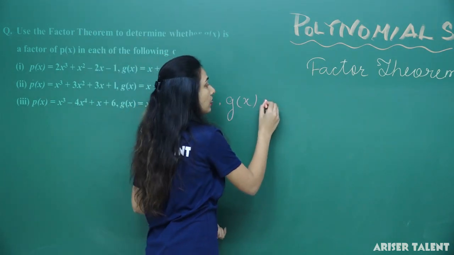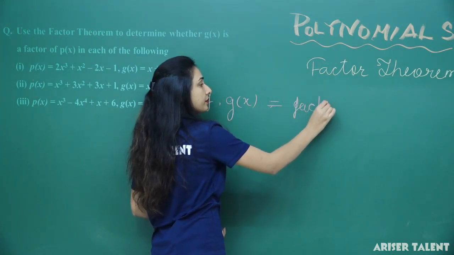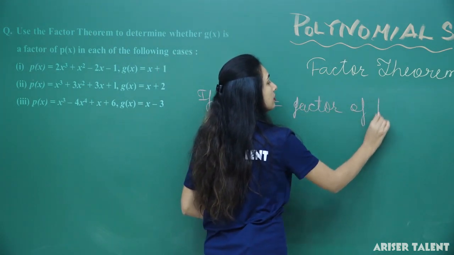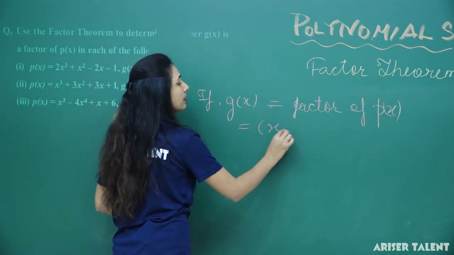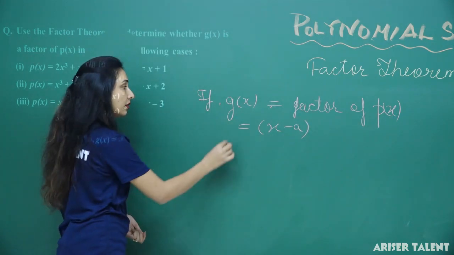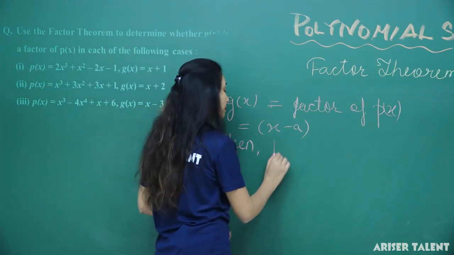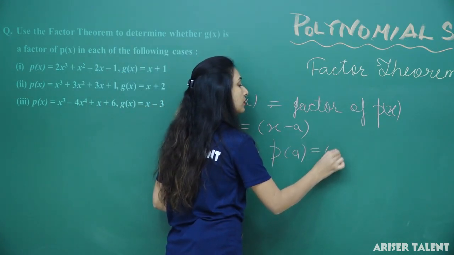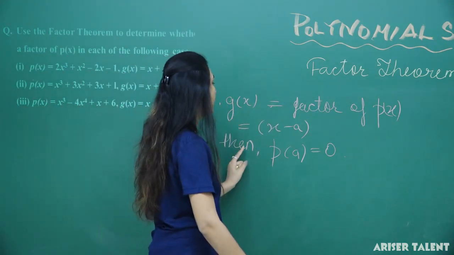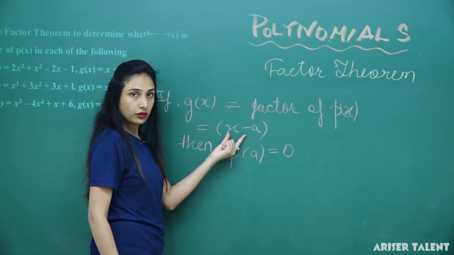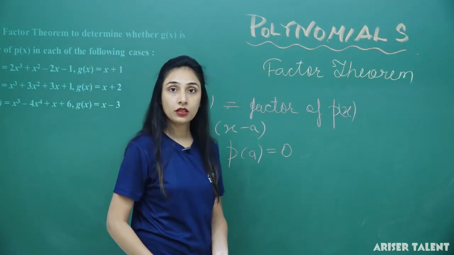I have told you if g(x) is a factor of p(x), which is x minus a, then p(a) will be equal to 0. This is simple. If g(x) is a factor of p(x), then p(a) will be equal to 0.